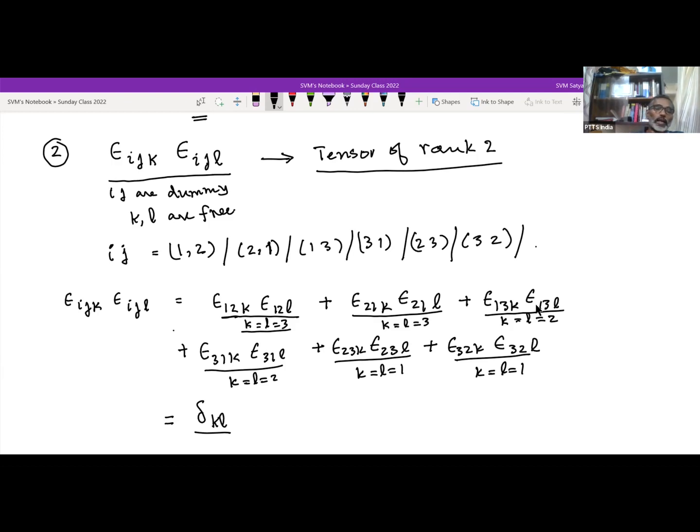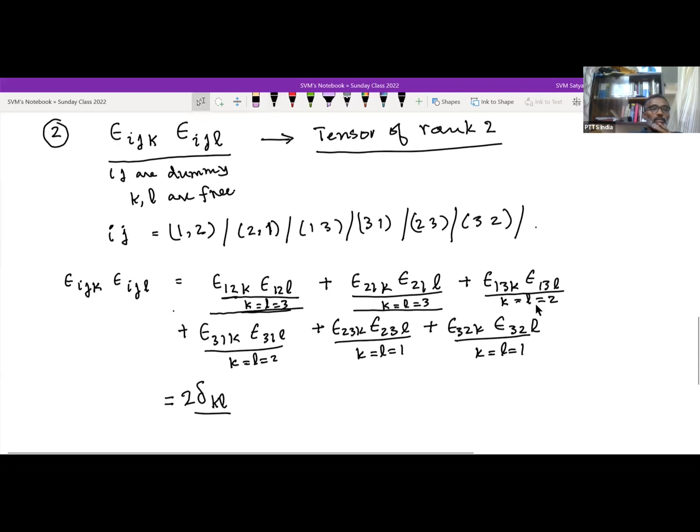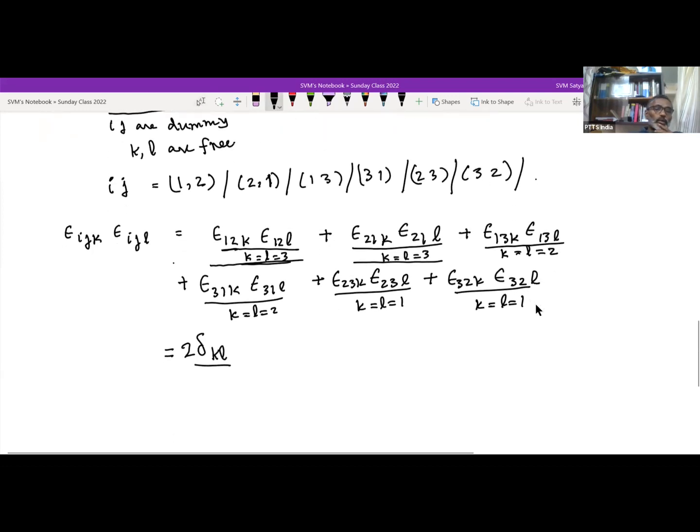How many terms do I have here? k equal to l equal to 3. It is 2 times delta kl, sir. Very nice. So it is 2 times delta kl. So what have we learnt? If two indices are the same in ij, and k and l are different, it is 2 times delta kl. Okay, is that clear?